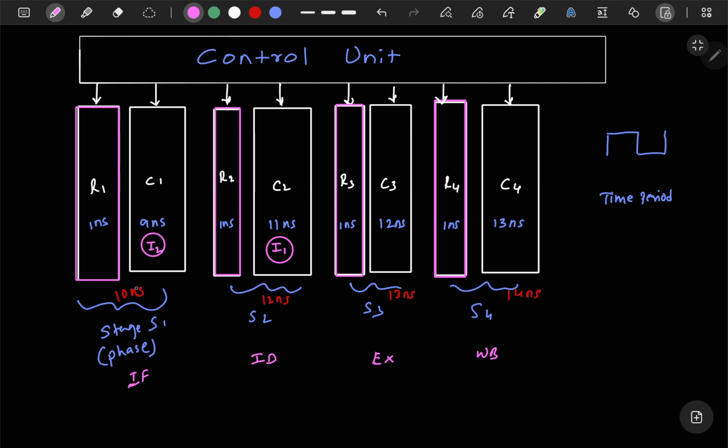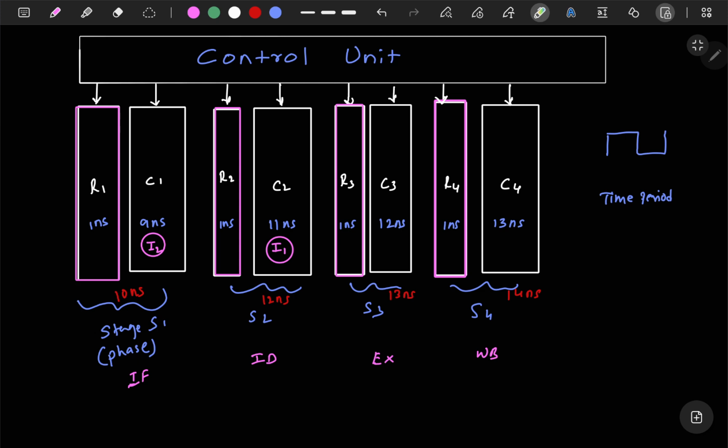And this time delay is for this particular phase to complete its execution. According to the time signal, whatever time you have set, the clock will be enabled and the data will be moved.